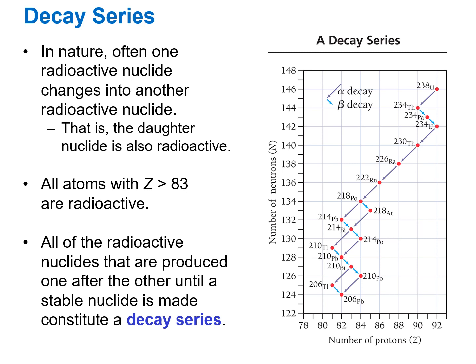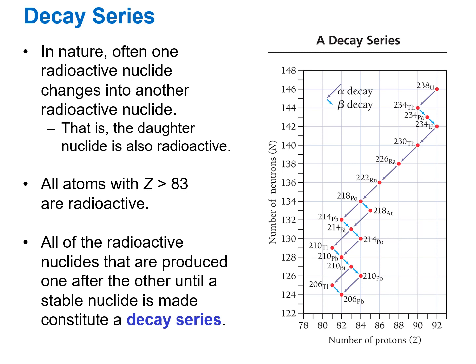And that means that the thing that they create by undergoing decay is also going to be unstable and undergo decay itself. So in nature, often one radioactive nuclide changes into another radioactive nuclide, so that the parent creates a daughter, and then that daughter is also radioactive, and it too will become a parent, giving off some sort of transformation and creating a daughter nuclide of its own.